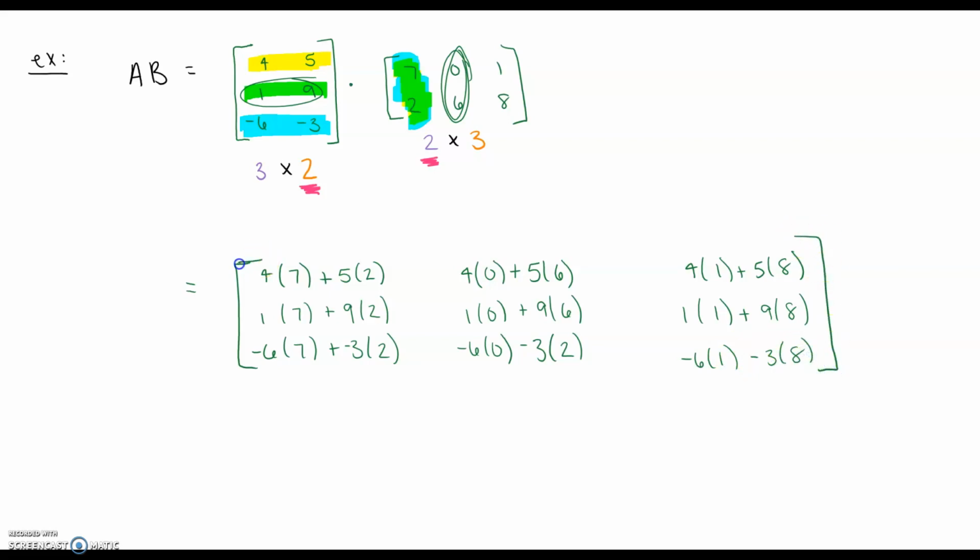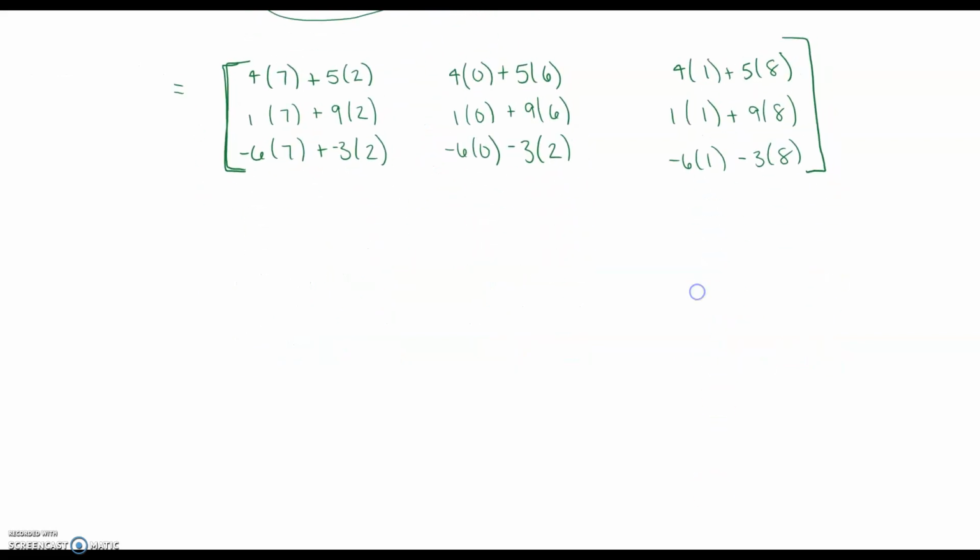And then notice we're going to end up with a 3 by 3. And now we simplify. If you want to show an extra line of work, this is going to be 28 plus 10, 7 plus 18, negative 42 minus 6.